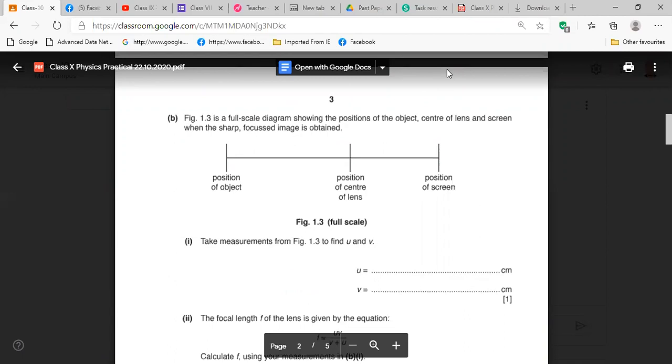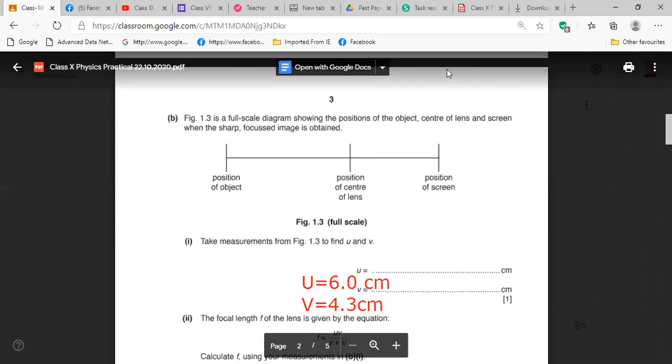u equals 6.0 centimeter and v is 4.3 centimeter. v equals 4.3 centimeter.